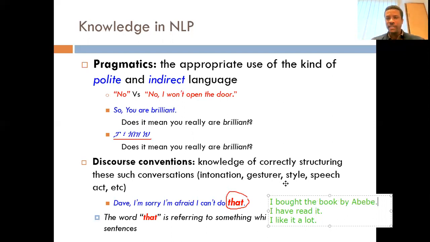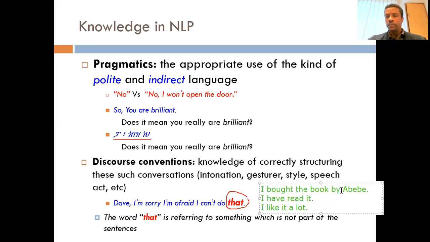Now, if I have these three sentences, I bought a book by Abebe, I have read it, I liked it, now you know that the word "it" is referring to the book by Abebe. But what if you don't have this sentence? Then the word "it" is very difficult to understand.